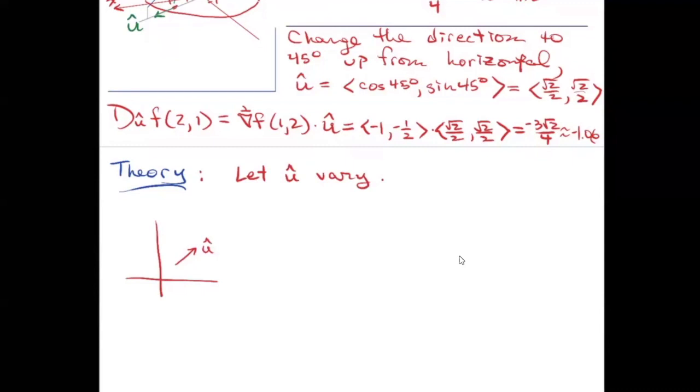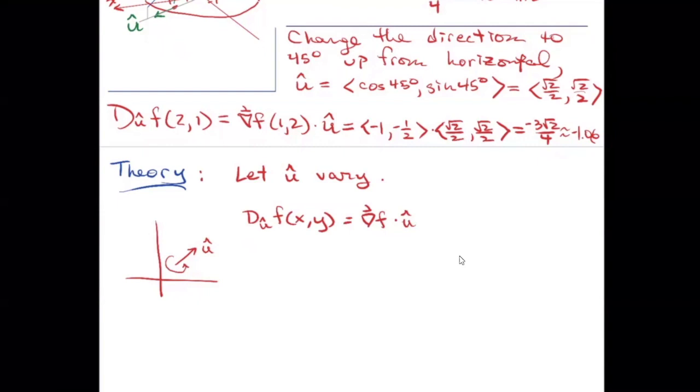We're thinking about all the different unit directions you could come up with here. And the derivative in the u direction of this function is just the gradient of f, which we're not letting vary, dotted with u, which we are allowing to vary.